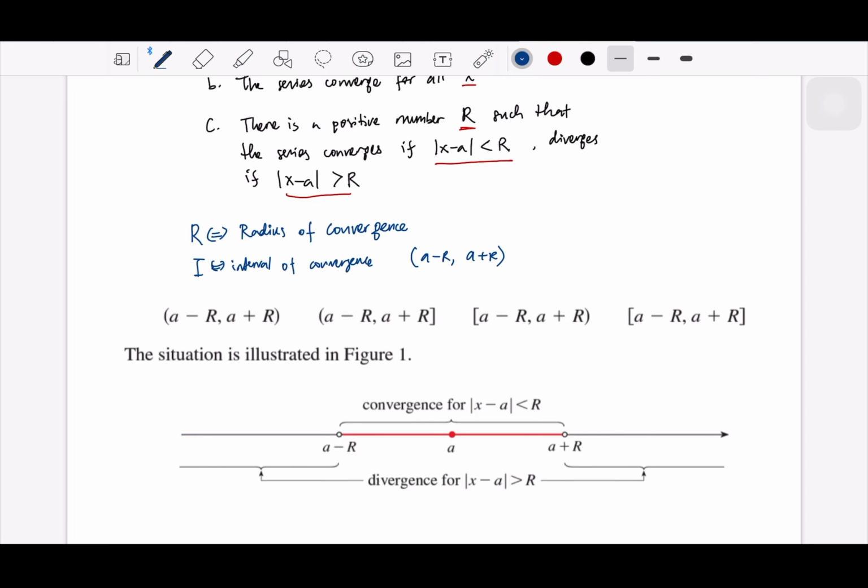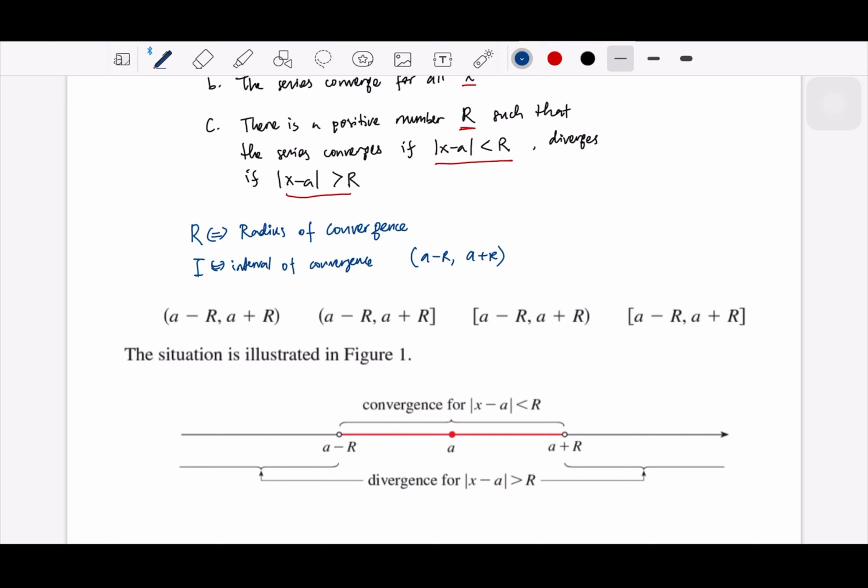You may observe this in terms of this number here. This will be the distance, the radius. This is the whole. So we might have 4 possibilities of interval that depend on the series that we observe.